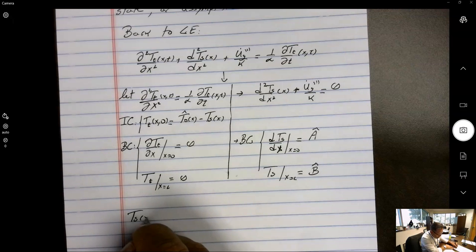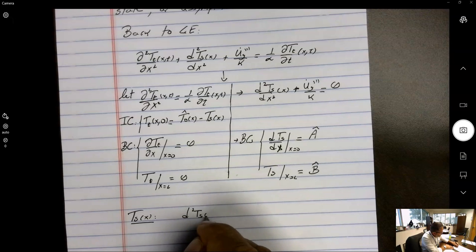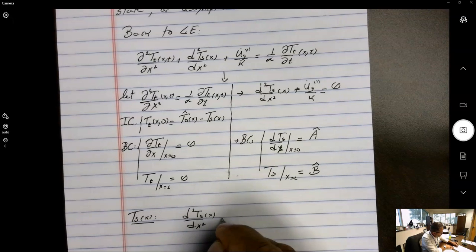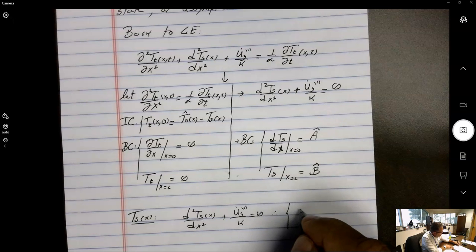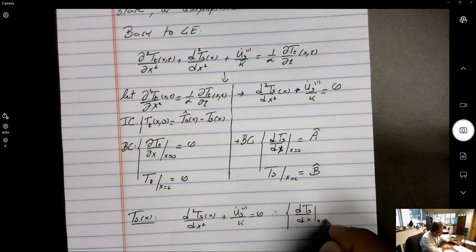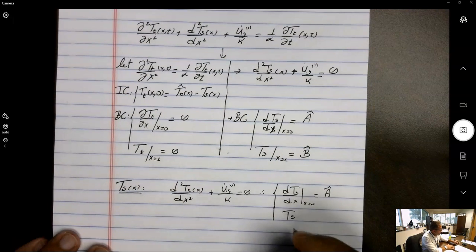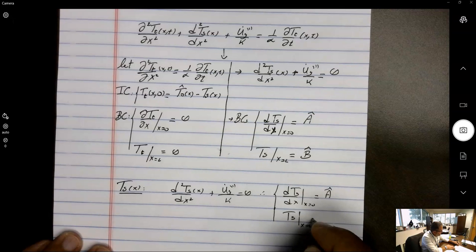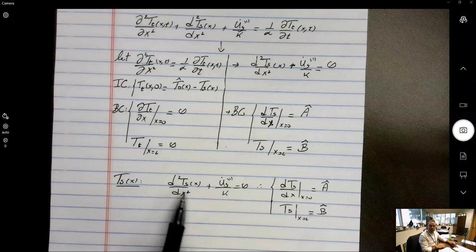So the steady problem looks like this. The second derivative of Ts with respect to x squared plus ug triple prime over k is equal to 0, subject to the derivative of Ts with respect to x at x equals 0 is equal to A, while Ts at x equal L is equal to B. Right? So all you have to do is integrate this twice. It's a very simple problem.